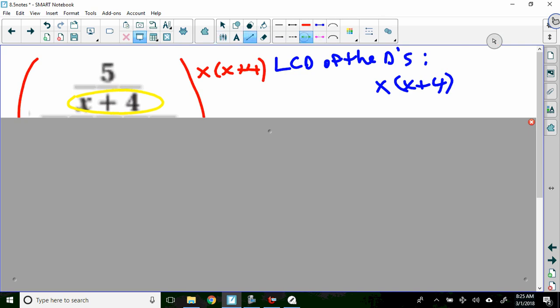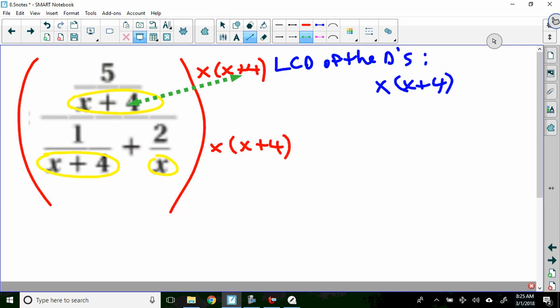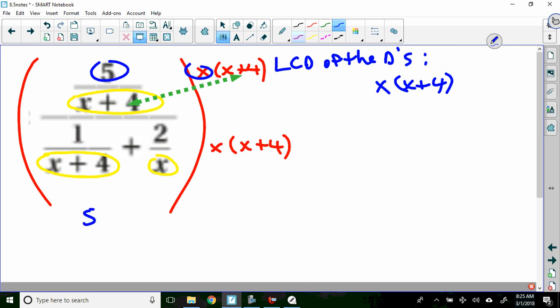I don't know if you get this or not, but this x plus 4 and this x plus 4, are those going to cross-cancel? You better believe it. Those are going to cross-cancel. So what's going to end up happening then is we're going to have 5 times x. We're going to have this 5 times this x, and that's going to make up our new numerator.